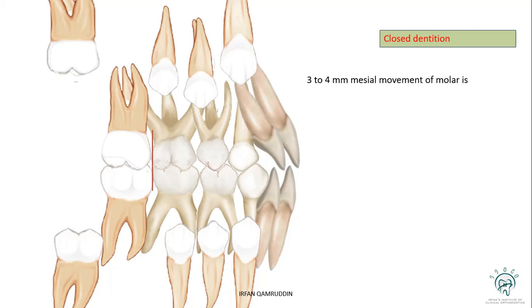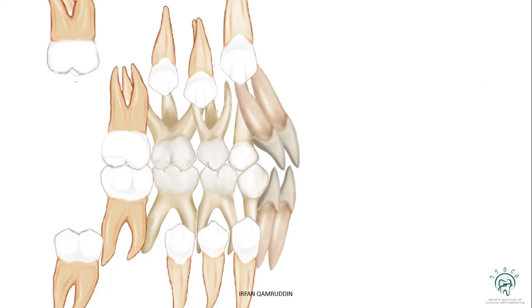Remember that the lower molar has to be moved mesially at least 3 to 4 mm to get converted into class 1 occlusion from this ends-on relationship. From where do you get this space? Here comes the role of leeway space. You can easily visualize that the mesiodistal width of permanent 3, 4, 5 in the lower arch is much less than the mesiodistal width of C, D, E in the same arch.